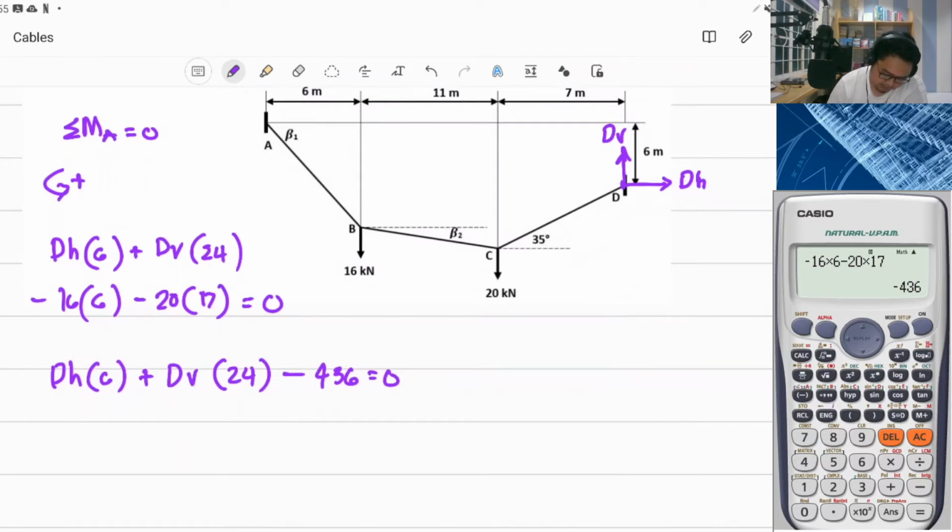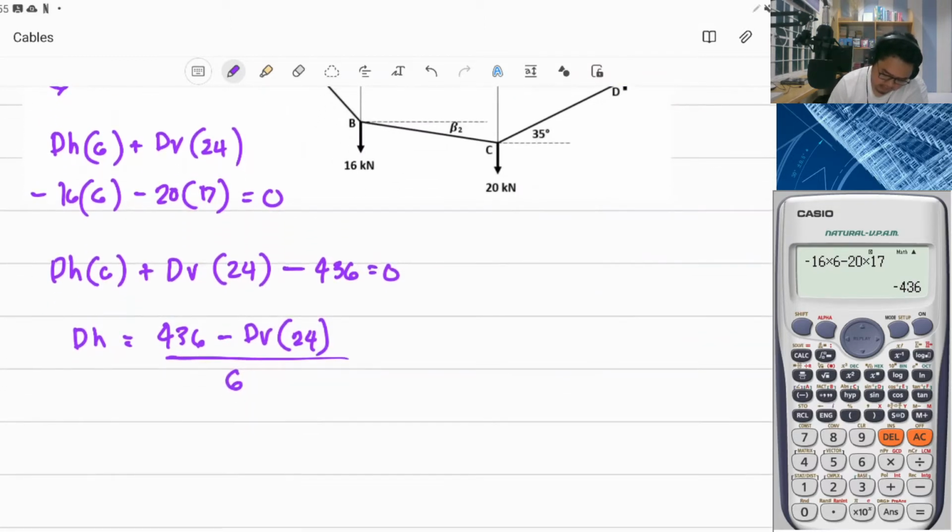Let's solve. DH equals 436 minus DV times 24, over 6.